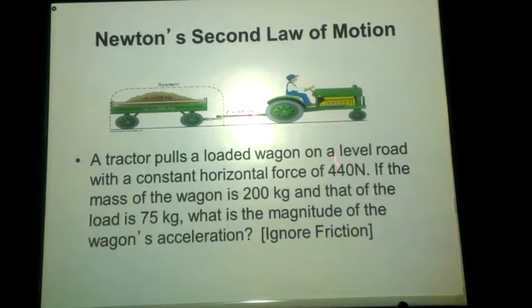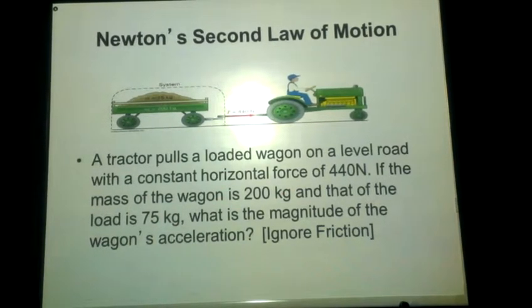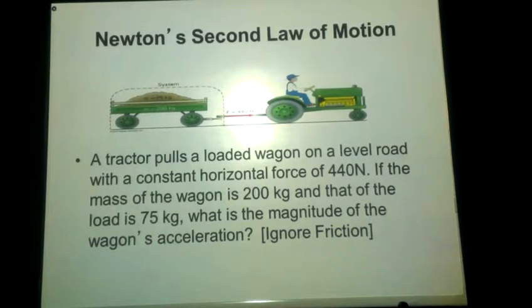That means 440 newtons is equal to the total mass, which would be 275 kilograms, times a, acceleration. So you could set that up, and you should be able to find that the acceleration is equal to 440 divided by 275, which is 1.6. So it should be 1.6 meters per second squared. That would be my answer.